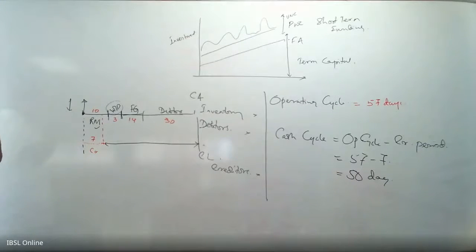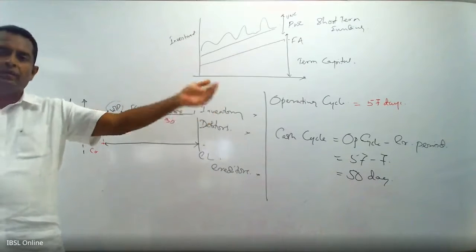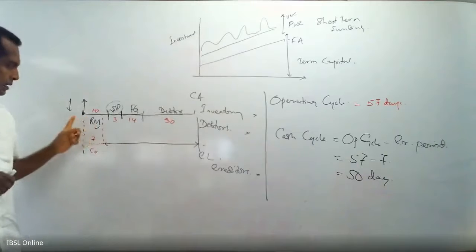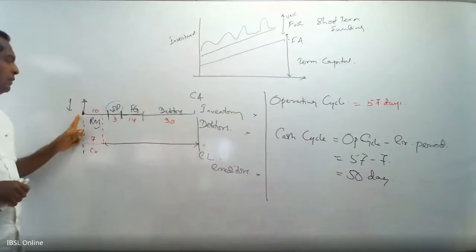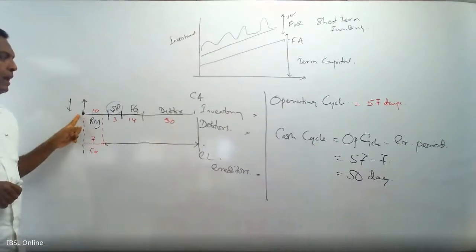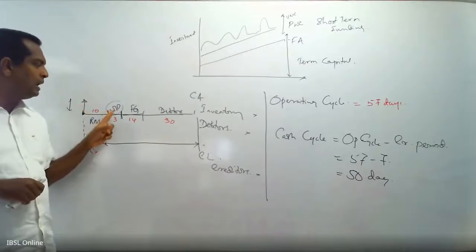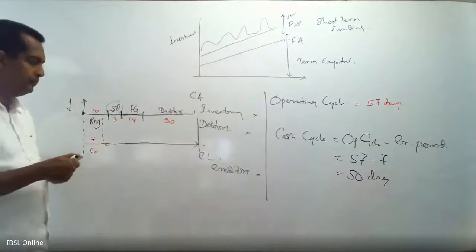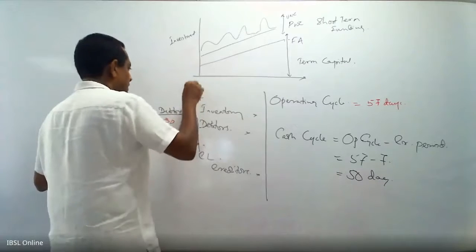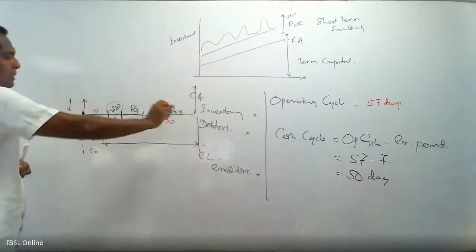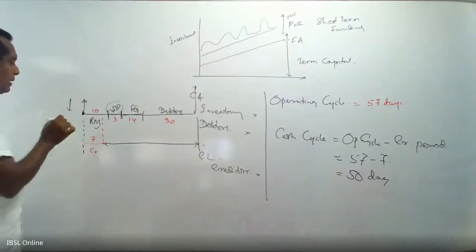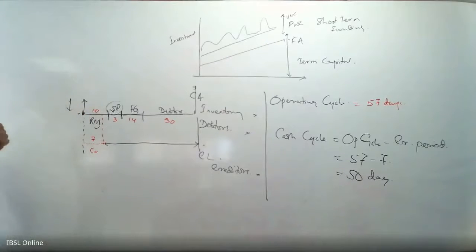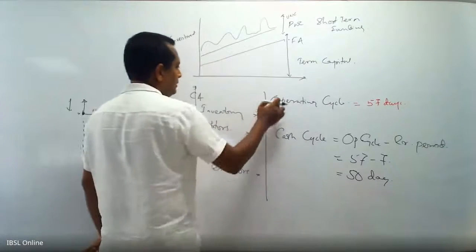So the working capital cycle is the time between investment in resources and collecting cash from the debtors. This is the operating side. You go to the market with cash today and you bring raw material, work in progress, finished goods, debtors, you collect your money from here. So this is the operating cycle. If you invest cash on the first day, then both of them are the same.